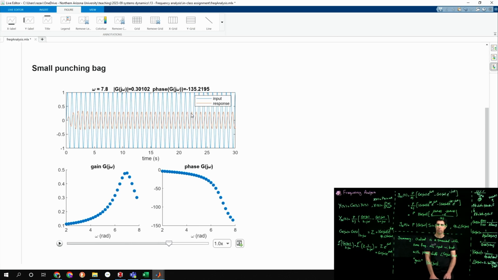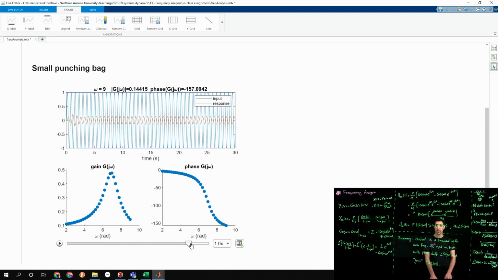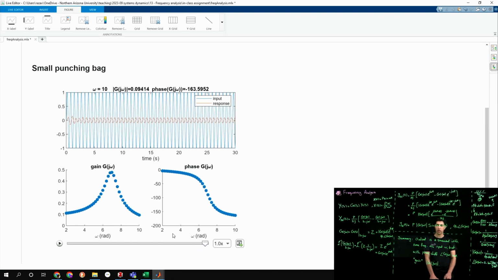So now you can see the peaks are lagging much behind the peak of the input, and I am roughly at 135 degrees lagging behind. And eventually, as I increase, my amplitude will get smaller and smaller, and my phase lag will eventually reach 180 degrees in its limit form when omega gets to infinity.